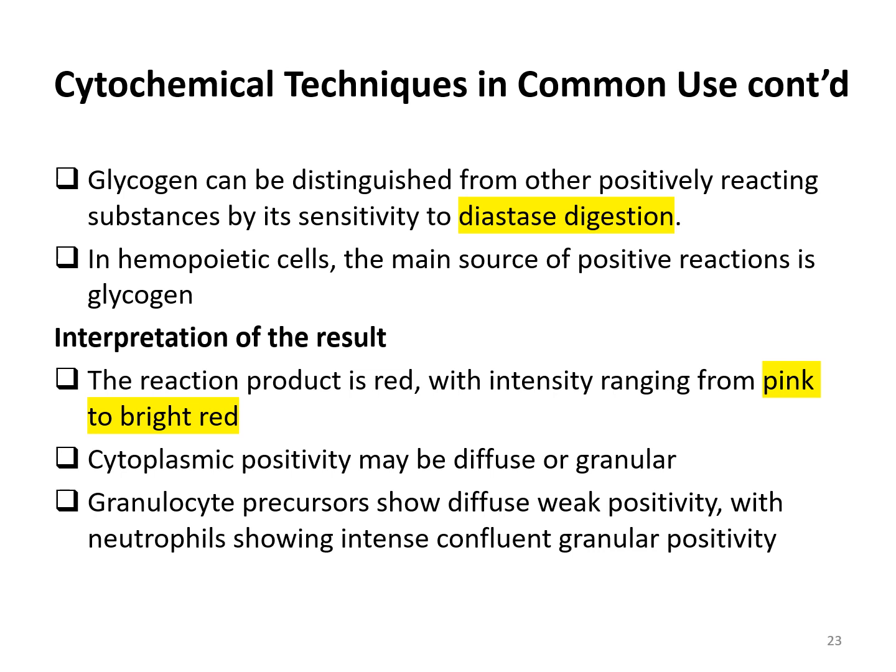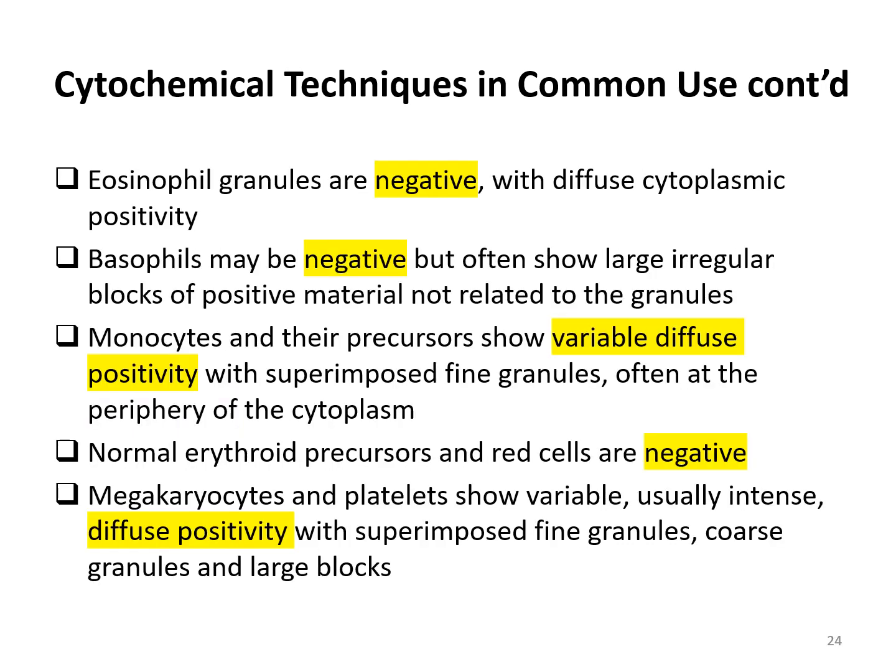The precursors of granulocytes show weak positive reaction, and neutrophils may show intense granular positivity, just to compare the two groups of cells. Eosinophil granules are negative with diffuse cytoplasmic positivity, and basophils may be negative.